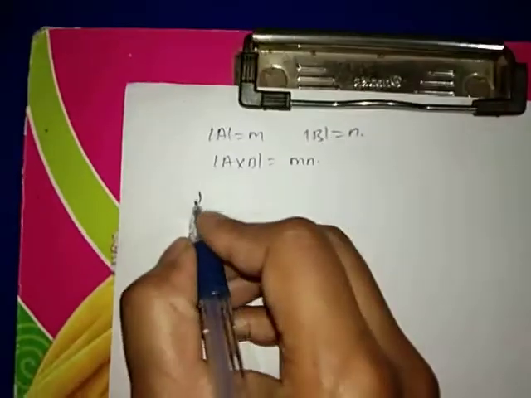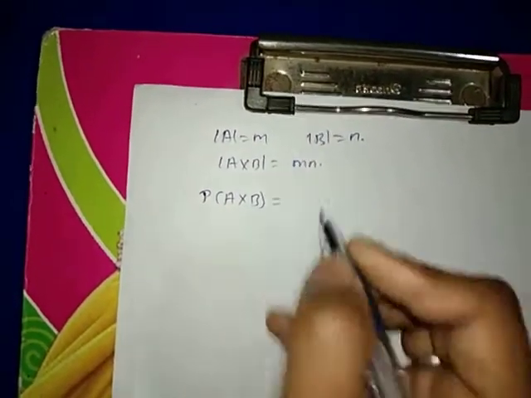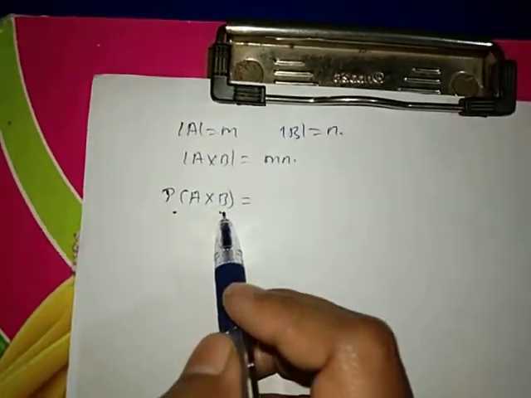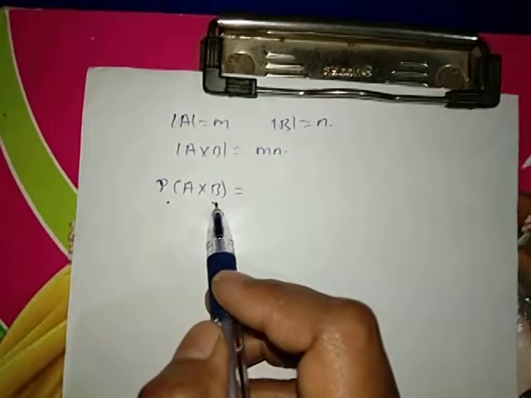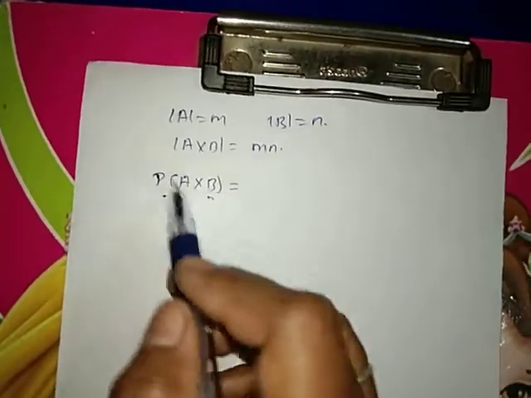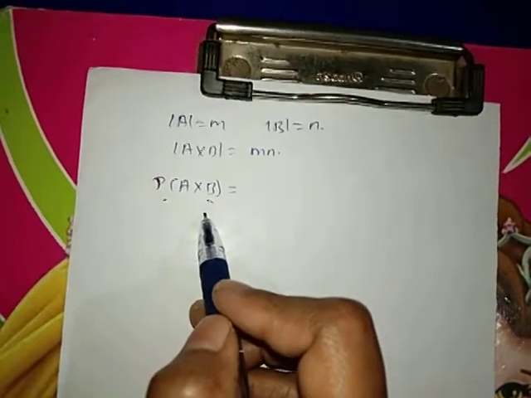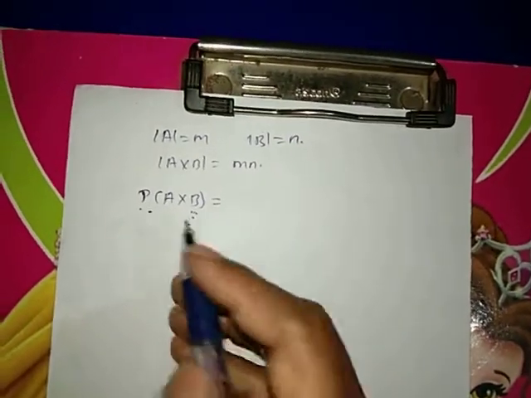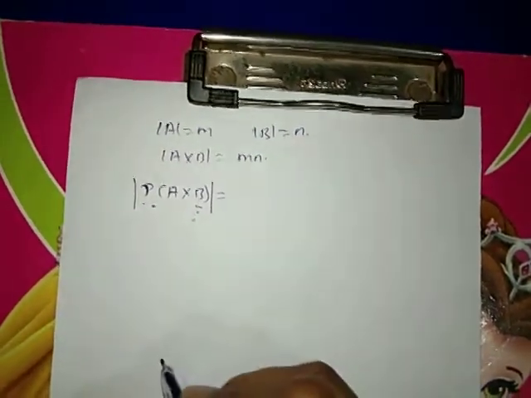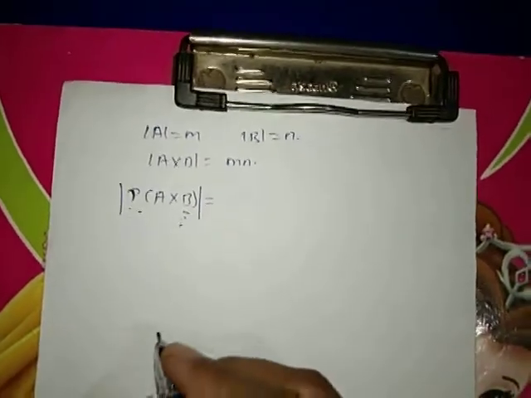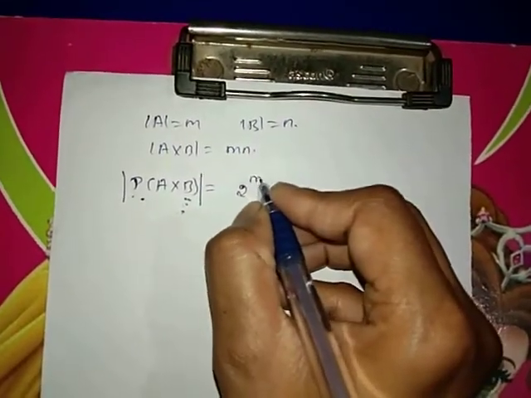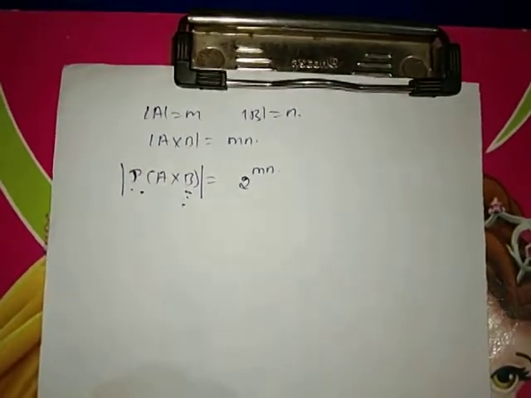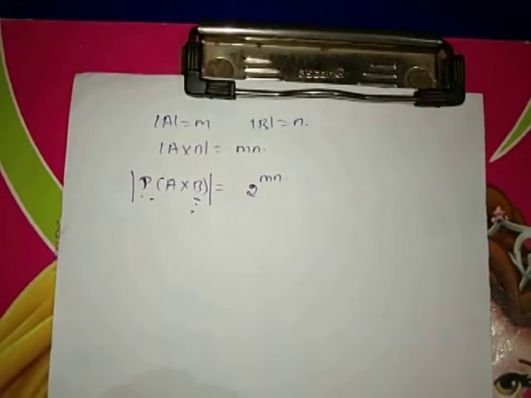We know that P of A cross B means the power set of A cross B. Power set means all possible subsets of A cross B. So we are taking all possible subsets of A cross B. The number of possible subsets of A cross B is equal to 2 raised to mn.